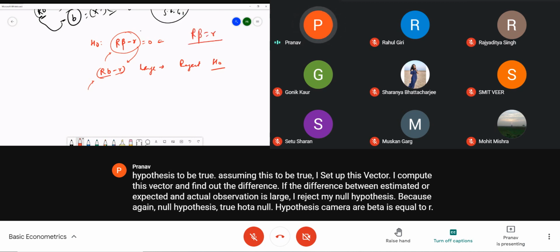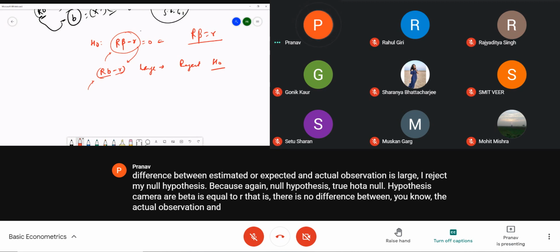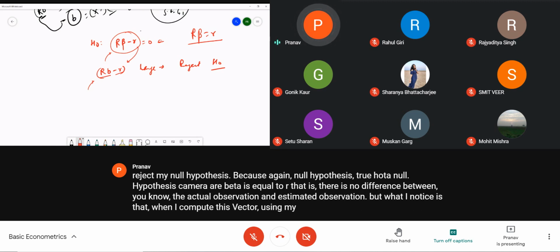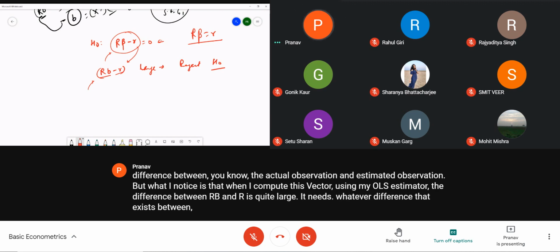That is, there is no difference between the actual observation and the estimated observation. But what I notice is that when I compute this vector using my OLS estimator, the difference between Rb and r is quite large. It means whatever difference exists cannot just be attributed to random errors.